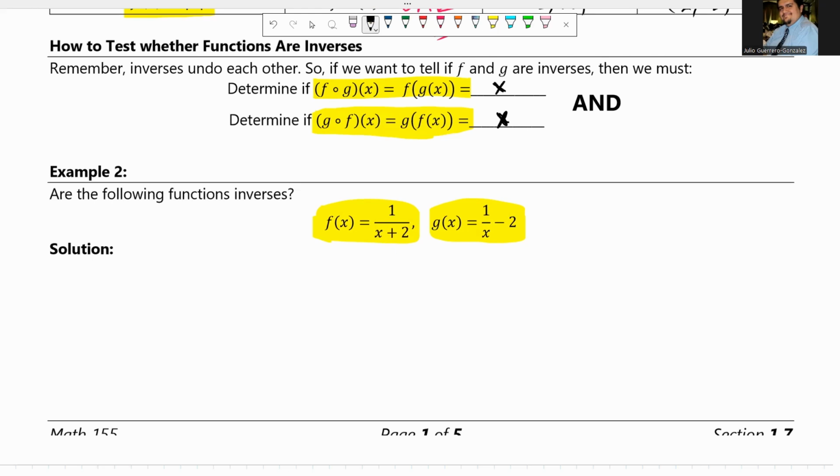Just for kicks and giggles, I'm going to do both. The first one I'm going to do is f compose g of x. If you remember the notation, that is f of g of x. So I need to grab all of g and stick it into f.